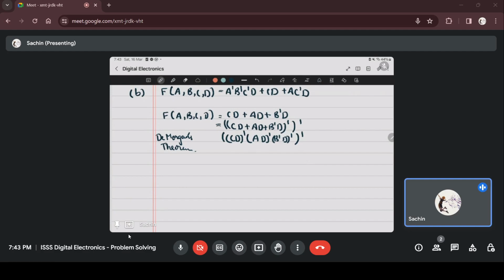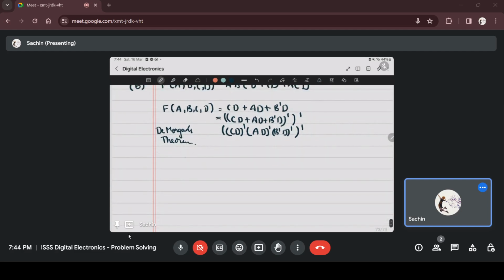and this can be implemented in a two-level circuit as follows. Have C D, A D, and B prime D as the inputs to three NAND gates.